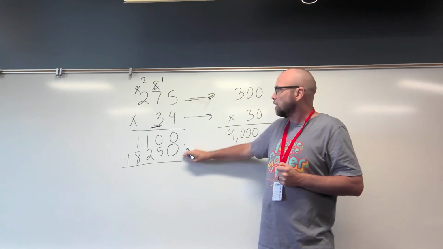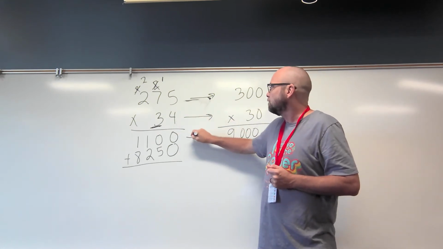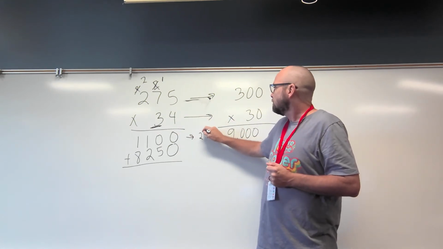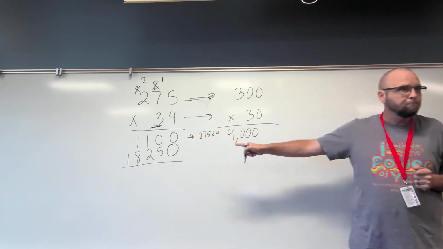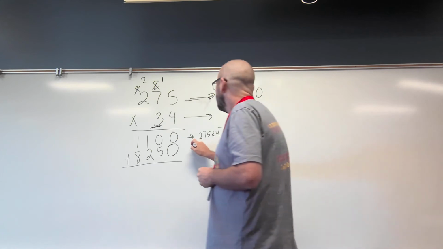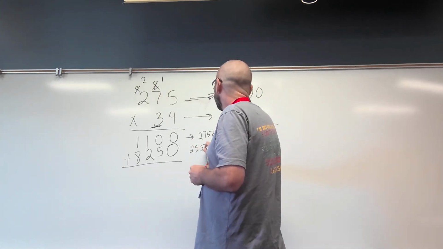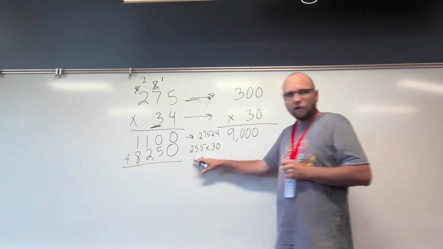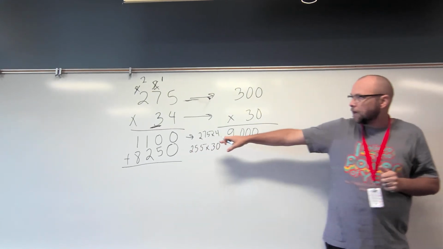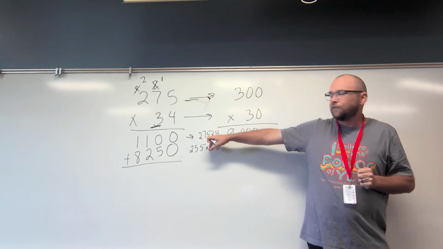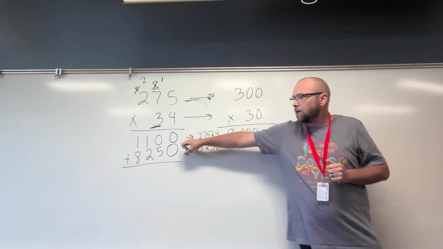Now we have the two products. We have the products of 275 times 4 here. We have the product of 275 times 30 here. These are our two products. If I were to break it apart, 275 times 4, I would get 1,100.